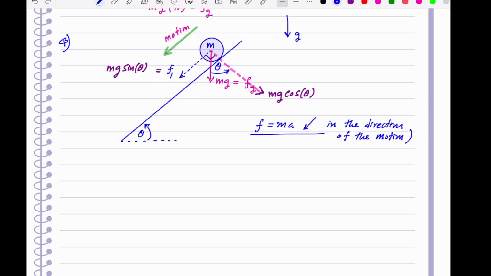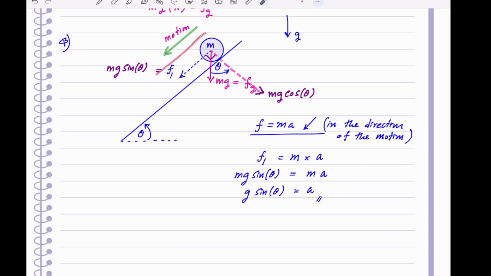So that would be F1 equals m, mass is not going to change, and a is what we need to figure out. F1 is mg sin theta. We resolved that and found it, and that equals ma. So the acceleration became g sin theta. That's the answer. And this acceleration is acting along the plane.